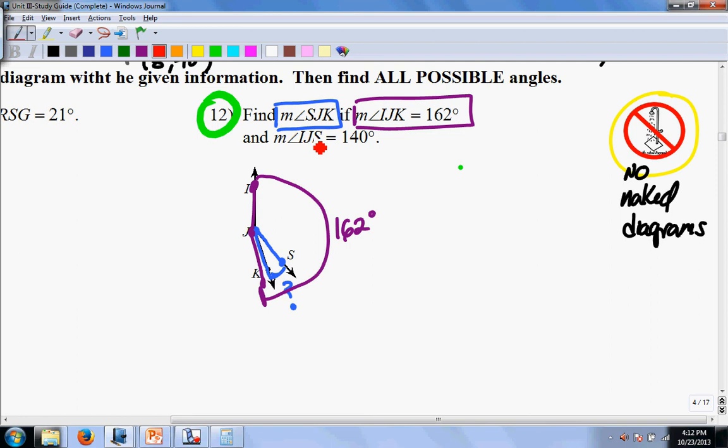What else are we given? The measure of IJS. So we start at I, go to J, go to S, sweep, that's 140. And your ambition is to find that blue.